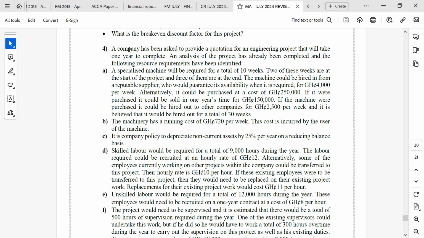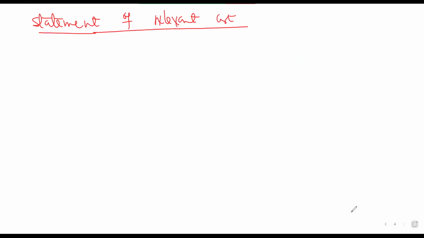So let's come to the statement of relevant costs. Okay, so let's have the currency sign here, and let's do it 1 by 1.